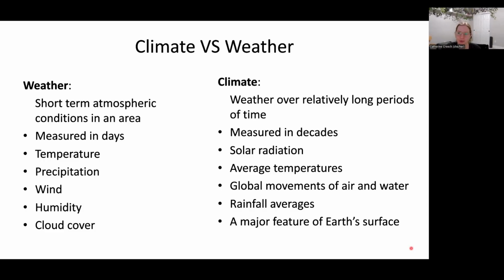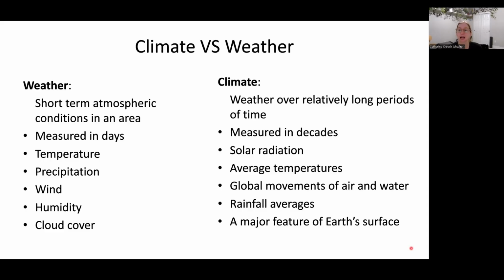We're going to look at temperature, precipitation, wind, humidity, cloud cover, maybe even pollen count, all the things that you see in your weather app when you try and prepare what to wear for the day. In contrast, climate is measured over long periods of times, decades or thousands of years. We're going to be looking at patterns of solar radiation, so sun exposure.